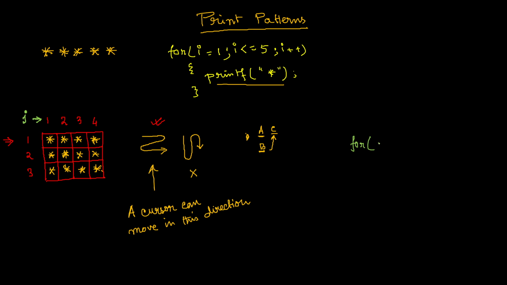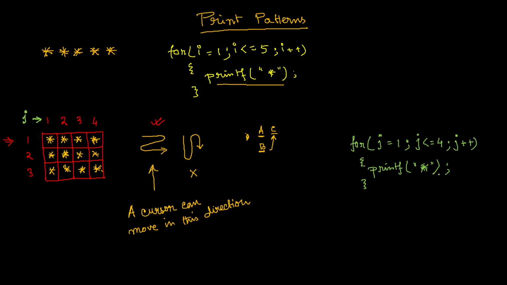So you can simply write for j equal to 1, j less than or equal to 4, j plus plus, and simply printf star.